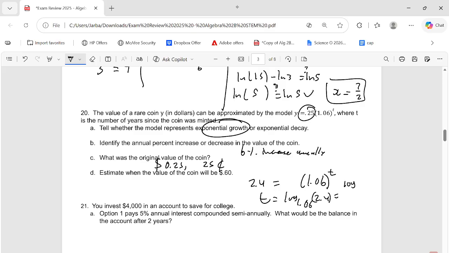You would have to change the base: log of 2.4 over log of 1.06. I get 15.02, so about 15 years.